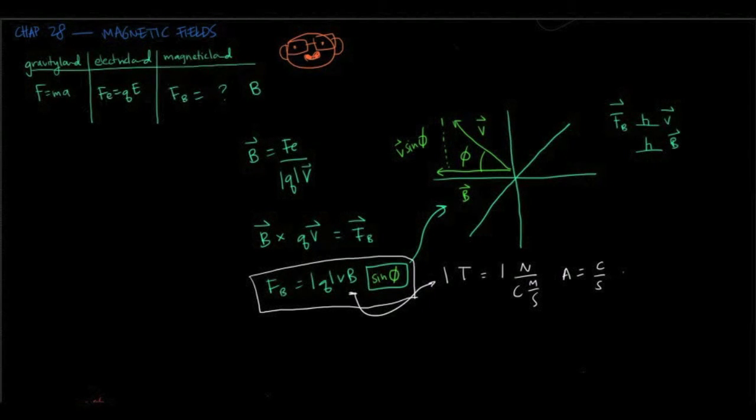So you can make this into 1 Newton times seconds over coulomb meters, which equals 1 N over A m. So that is what the unit of a Tesla is.